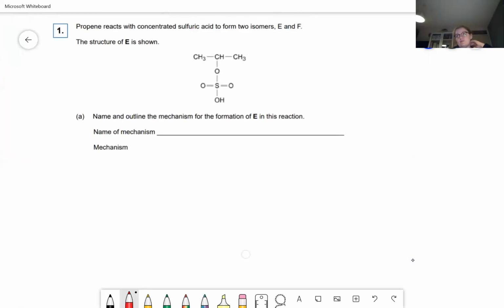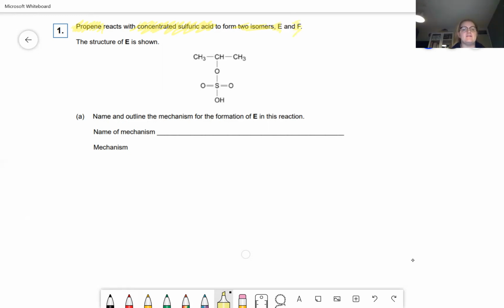Let's pretend we haven't just done a whole session on alkenes. So let's highlight this as we would. Propene, so we know it's an alkene, reacts with concentrated sulfuric acid to form two isomers, E and F. The structure of E is shown.